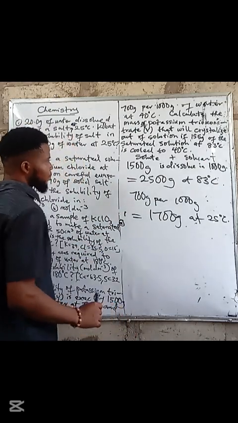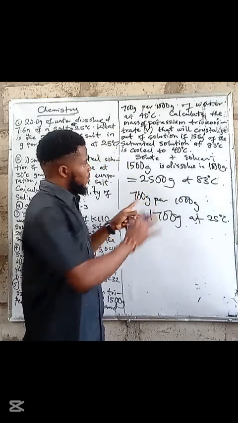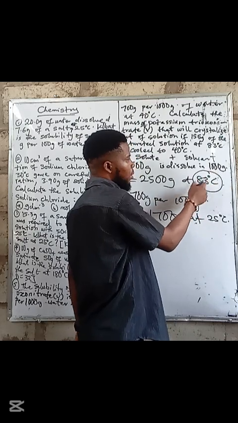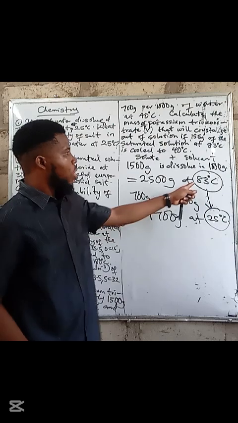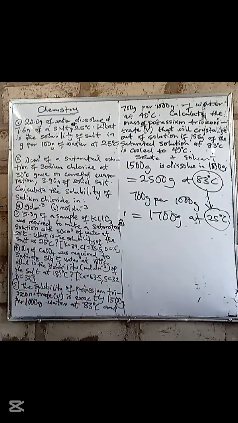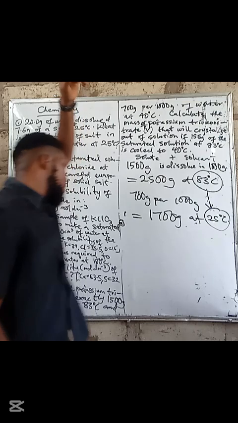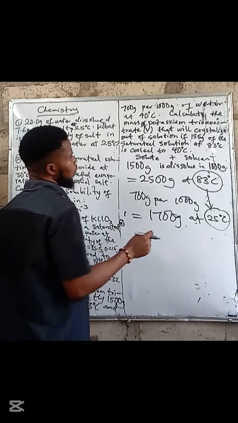So now, look at this. When this particular salt is cold, that is the temperature drops from 83 to 25. What are you expecting? Look at this. If the temperature drops from 83 to 25, what is the solute?